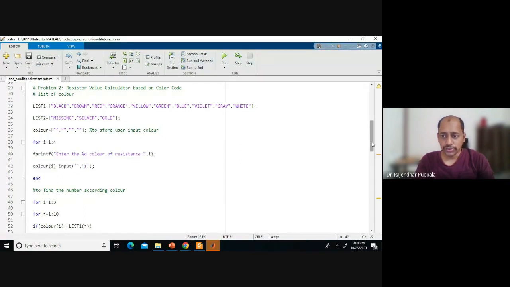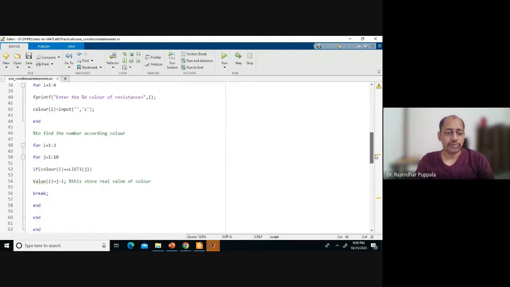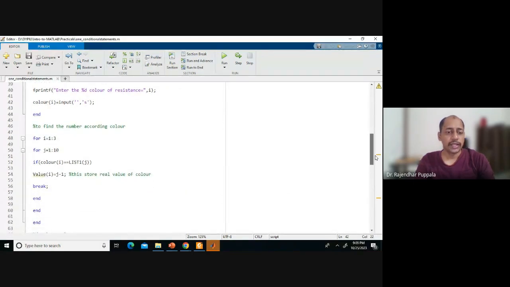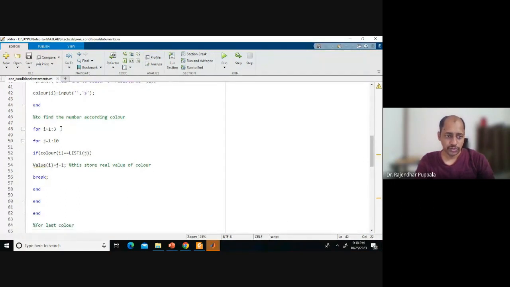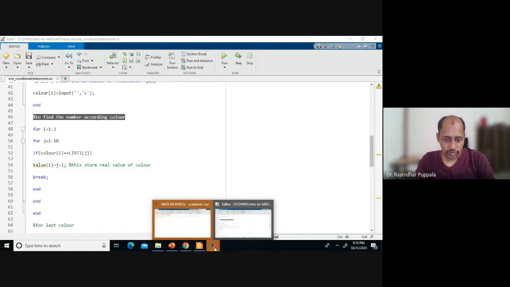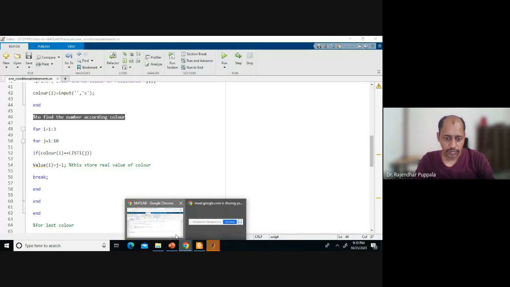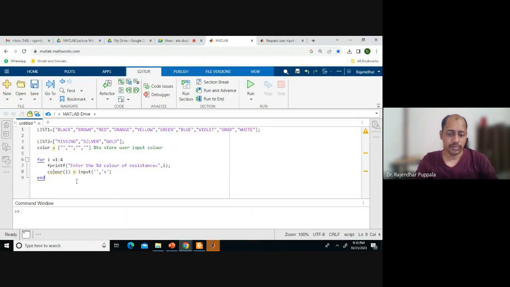So now inputs are given, then what you have to do is calculate the resistance values based on your inputs. So to find the number according to the color, I'll try to run it now.